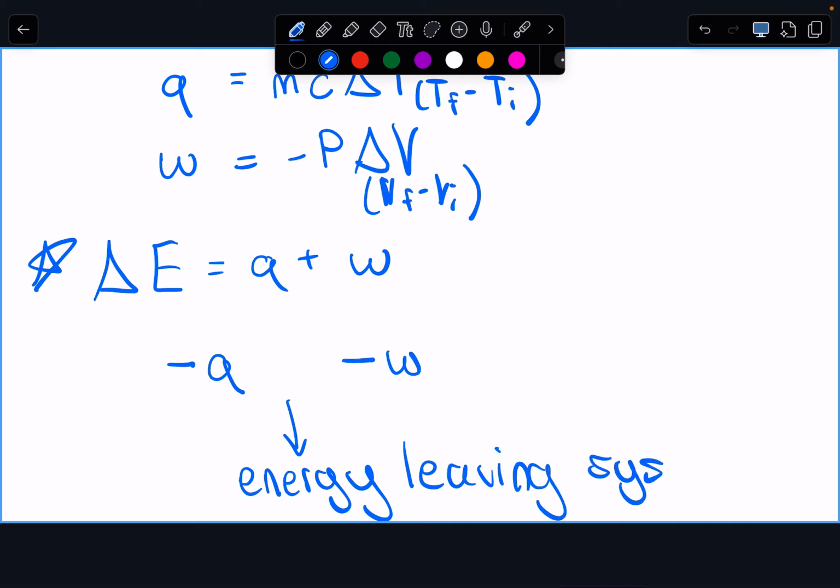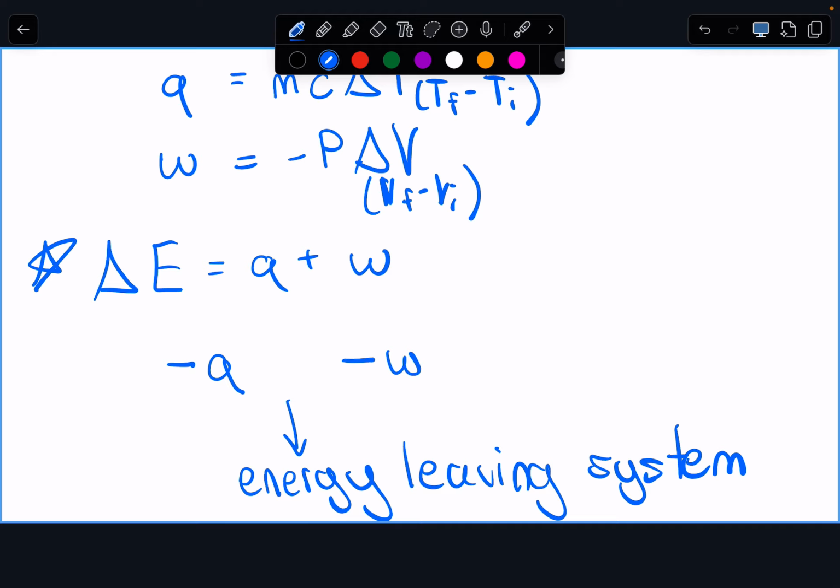So this could be a gas, it could be a piece of metal, it could be a chemical reaction. Those things could be the system in different problems. Okay, so realize it spans the gamut as far as really simple systems to lots more complicated systems when we're talking about a chemical reaction.